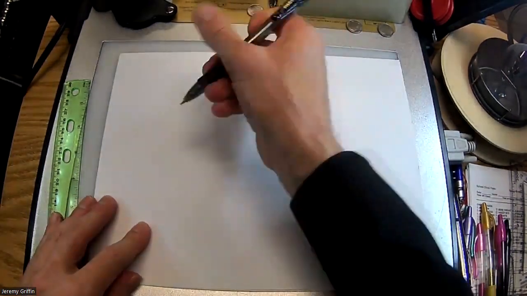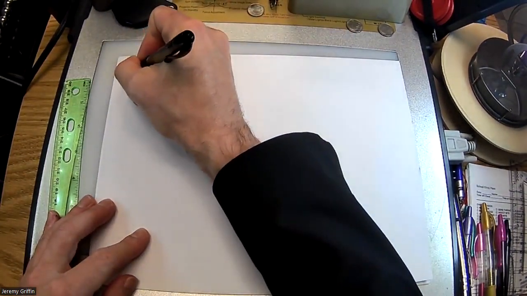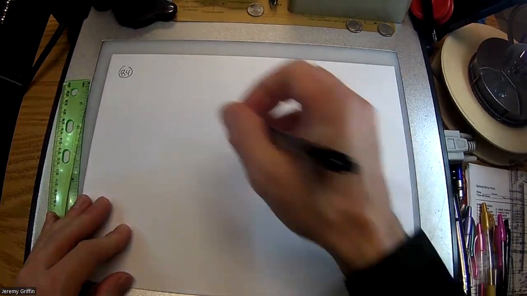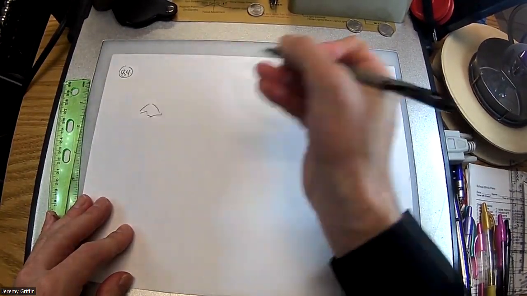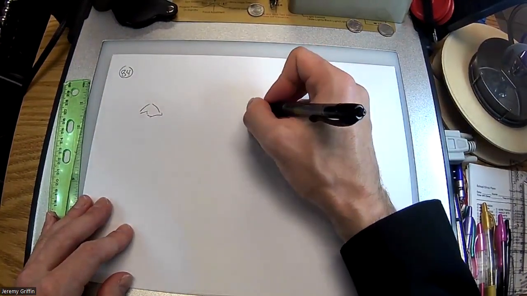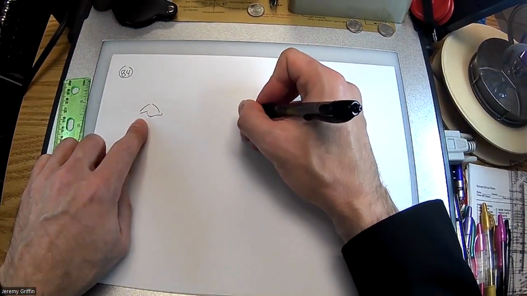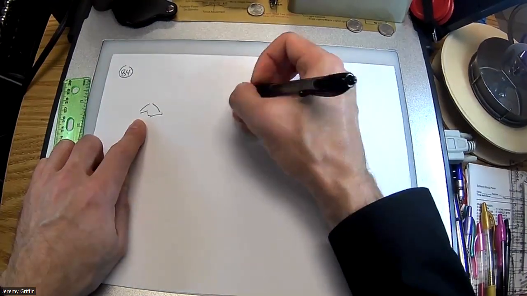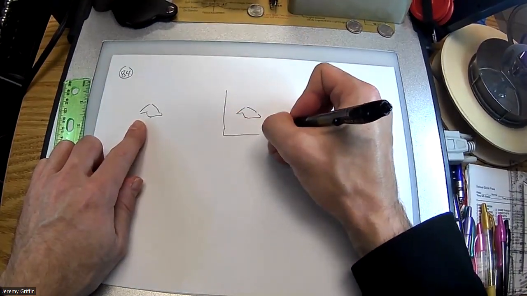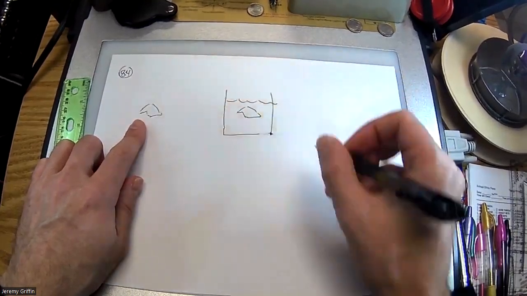All right, so I'm going to draw this out here. Let's say I got number 84. I draw the bird statuette. There you go, a little bird. Now I'm going to draw before and after. So this is before I submerge it, and this will be after I submerge it in this tank of water right here.